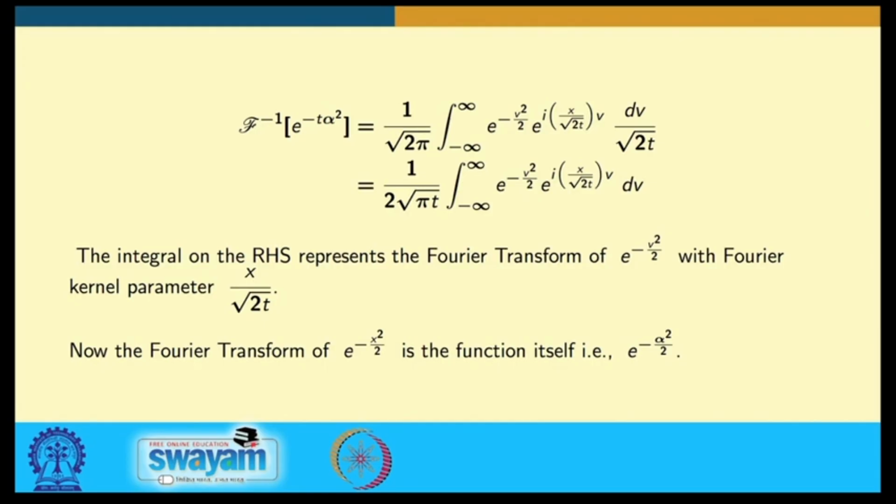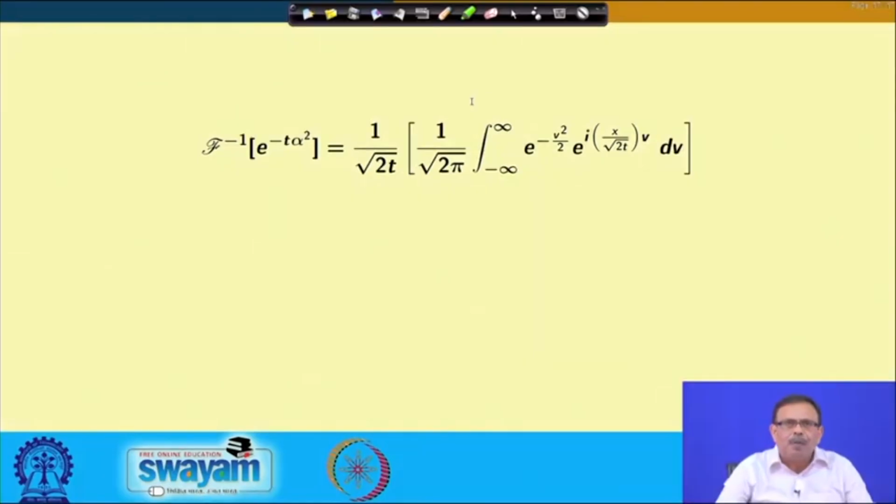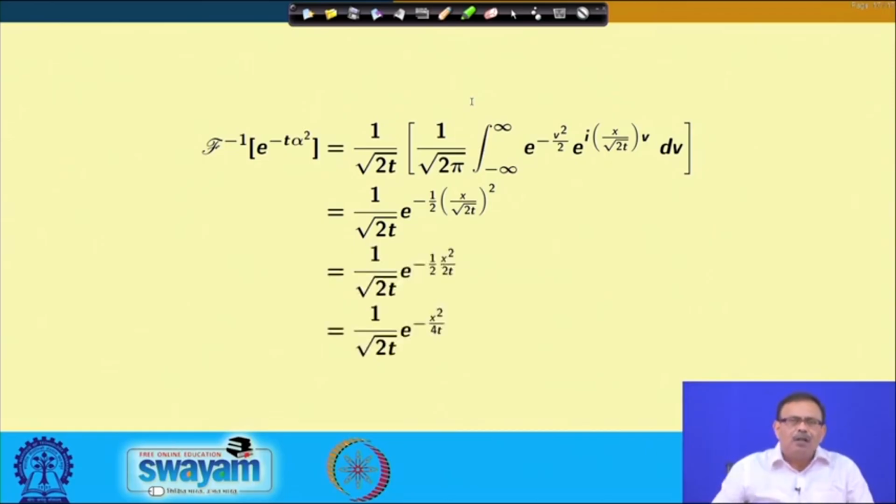Also, I know the Fourier transform of e power minus x square by 2 is the function itself, that is e power minus alpha square by 2. Using this property I am rewriting and now finding the Fourier transform. So it will become 1 by root 2t into e power minus half into x by root 2t whole square. And if I simplify, ultimately I will obtain the result as 1 by root 2t into e power minus x square by 4t.